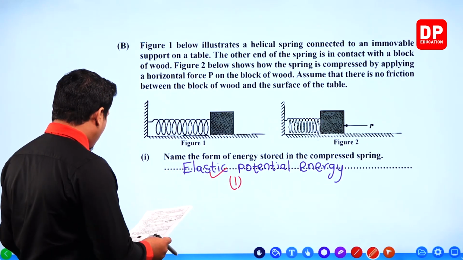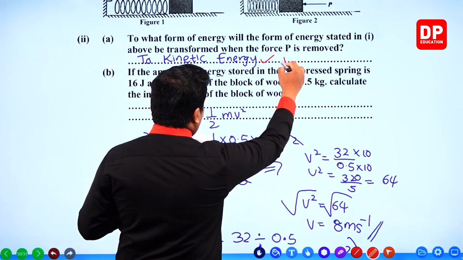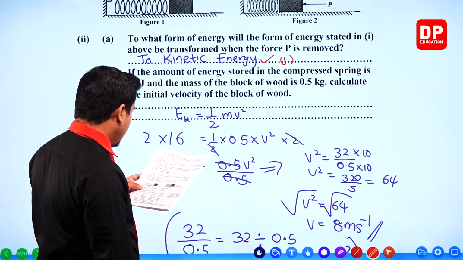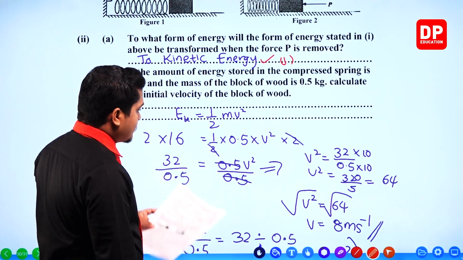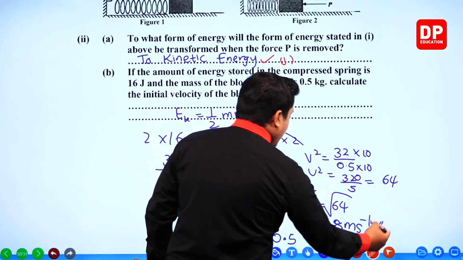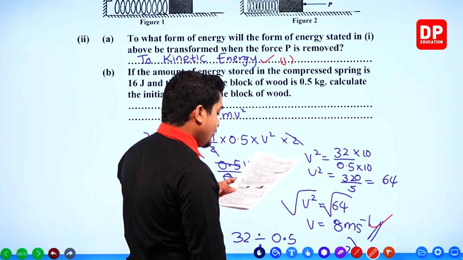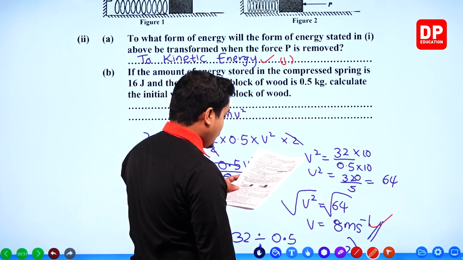So for the next one, the kinetic energy, 1 mark. Then for the calculation, 2 marks are given. If the units are not marked, then my dear children, they have given only 1 mark.